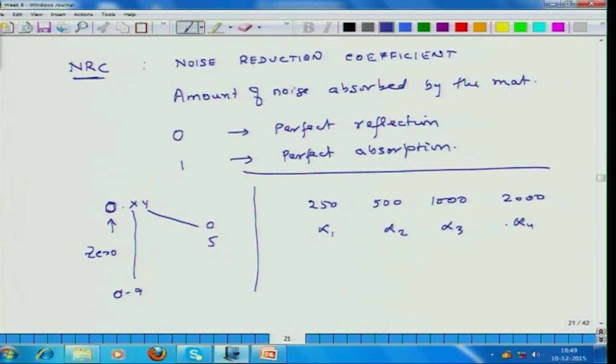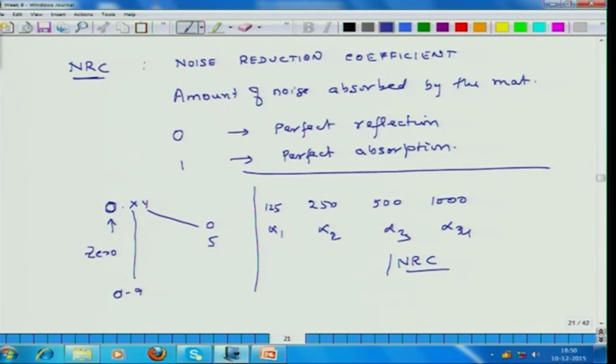For the same material, you may have 4 different values, and you average them up and you come up with the final NRC rating. Oh, I'm sorry, you start with 125 hertz. So this is how you compute NRC.